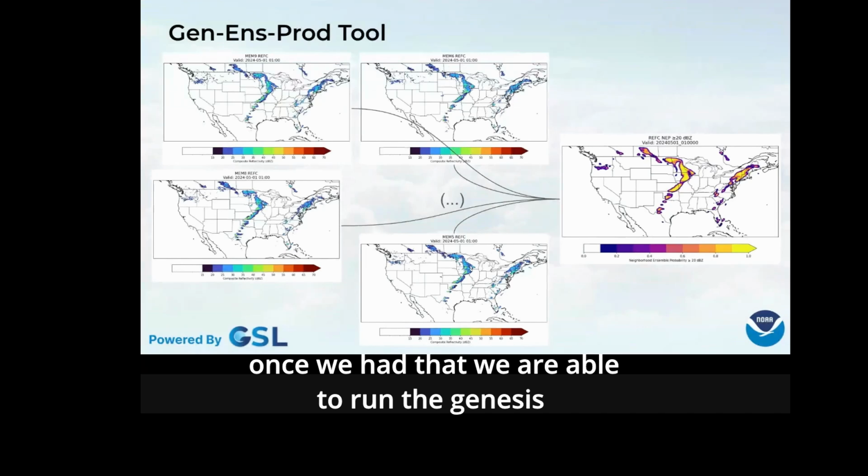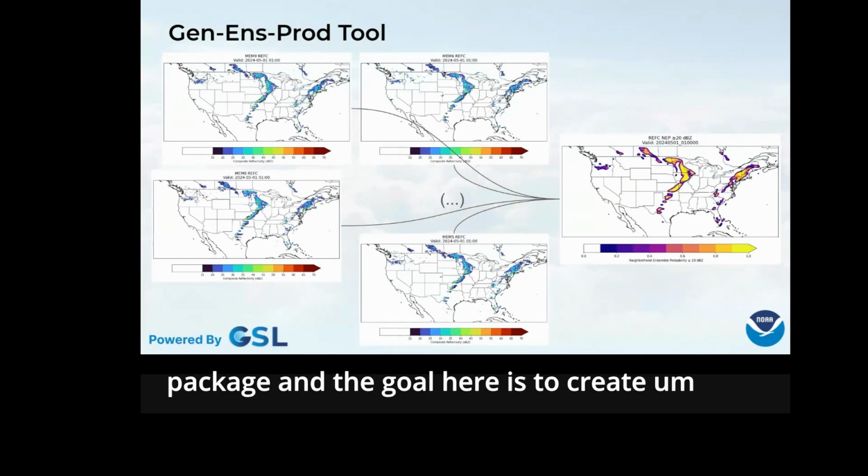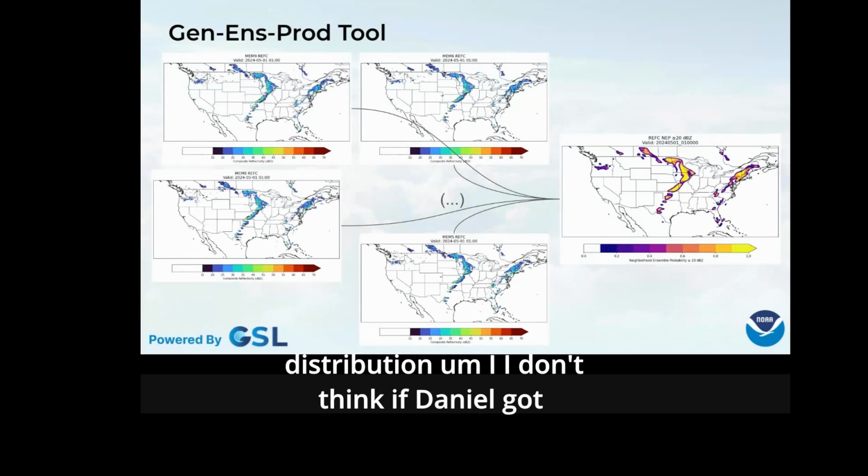Once we had that, we are able to run the GenEnsProd tool, which is a tool provided by the MET+ package. And the goal here is to create probability fields based on the ensemble members distribution.